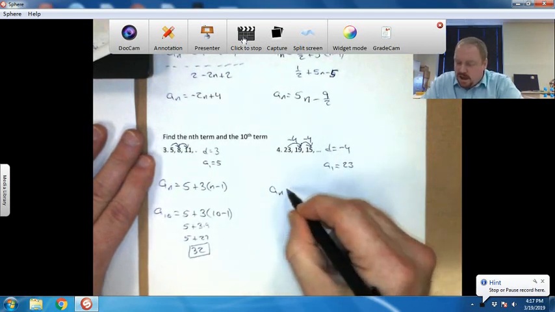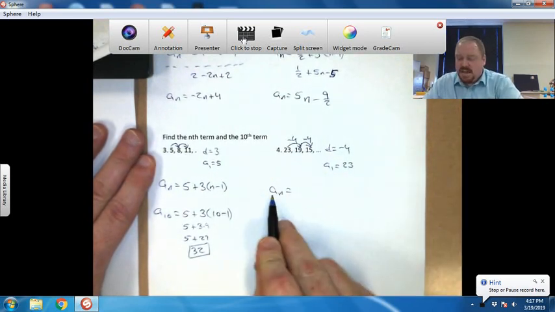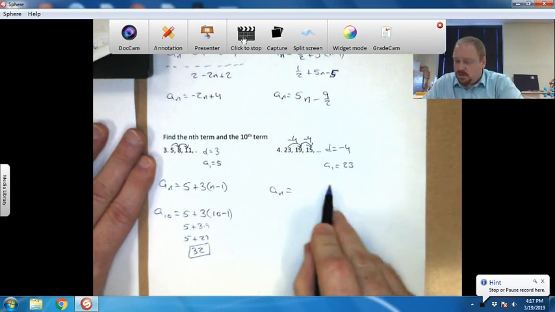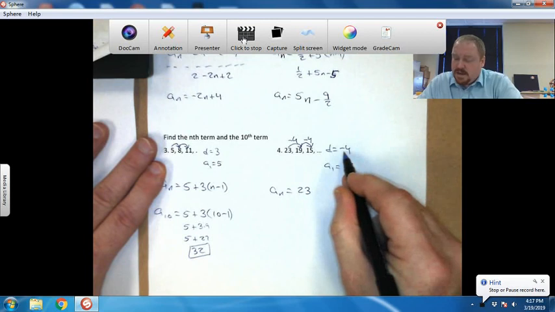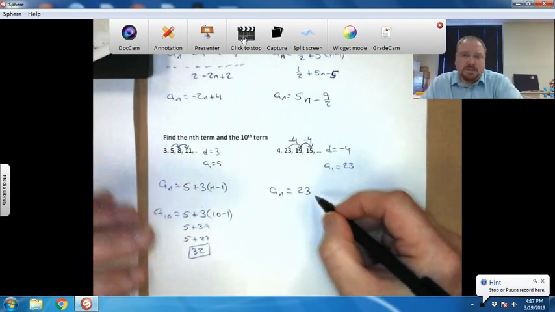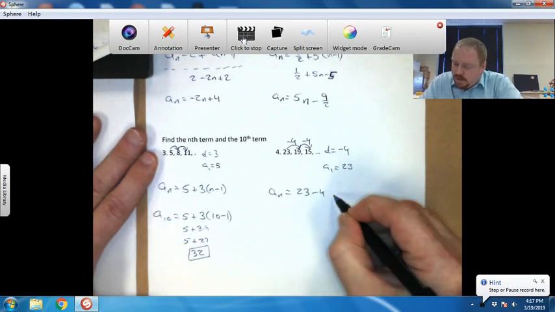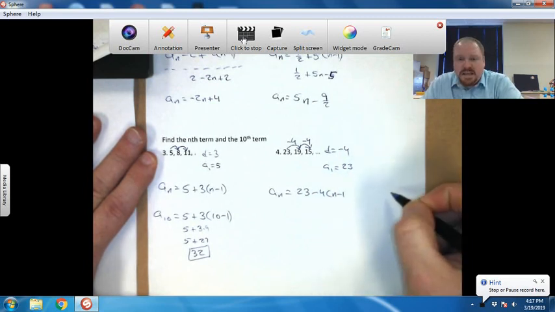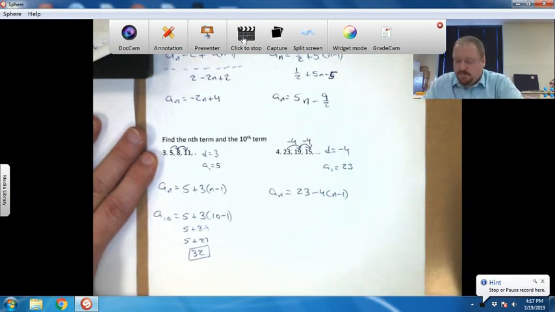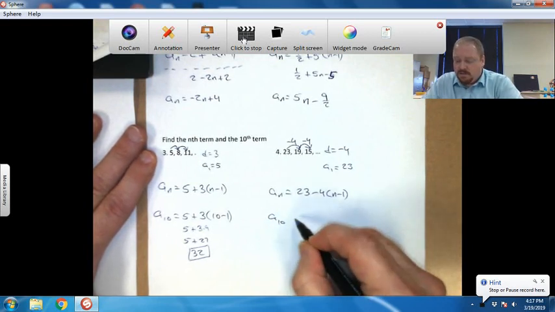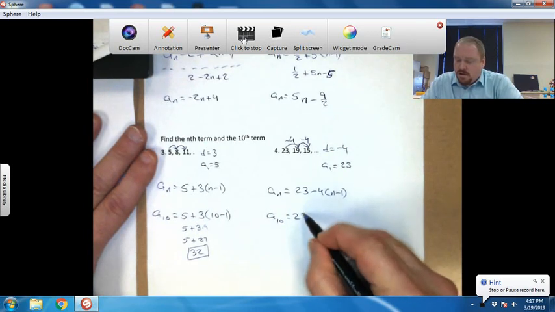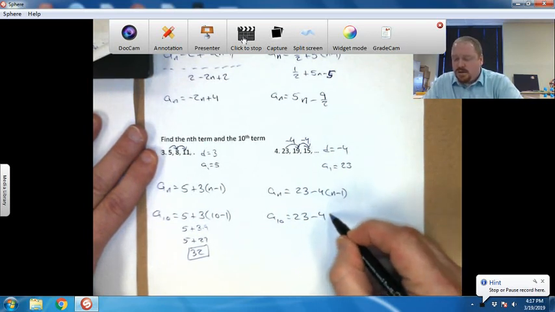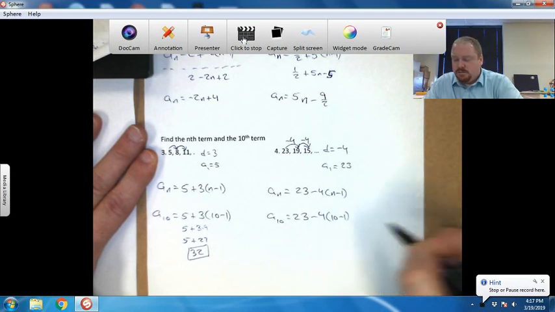So my explicit rule is going to be a sub n equals the first number. In this case, minus 4. You could say plus -4, I don't care. Times n minus 1. And then to find a sub 10, I'm going to do 23 minus 4 times 10 minus 1.